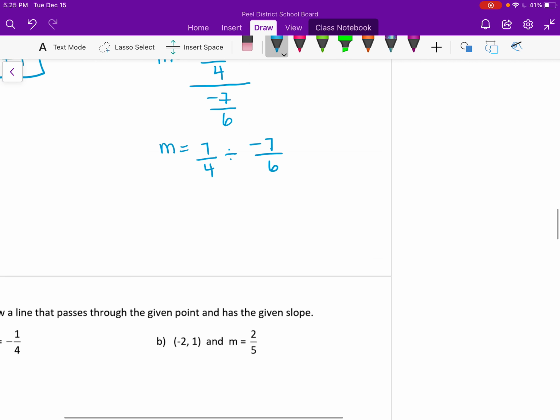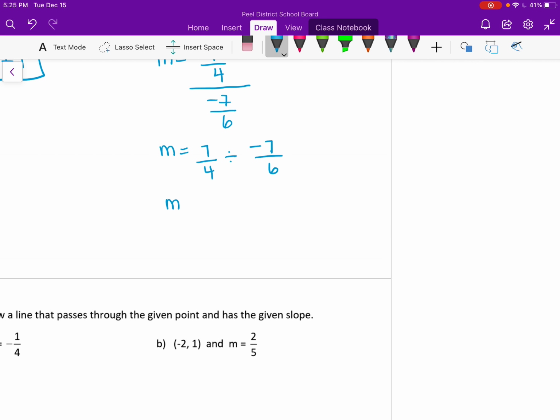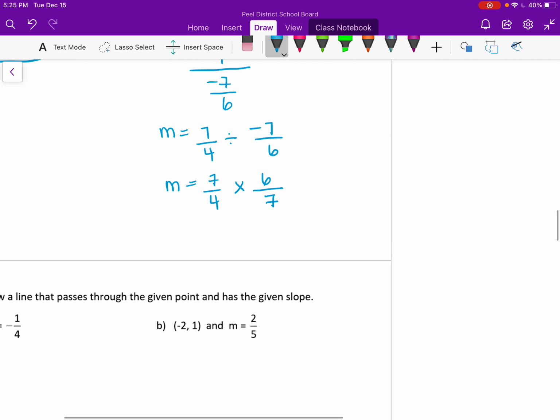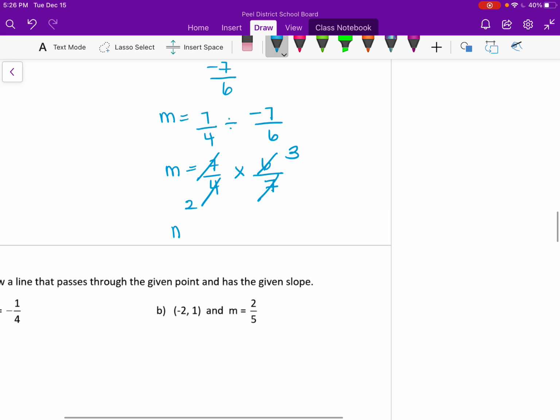And then I'm just going to divide my fraction. Keep, change the sign, flip the fraction. Right? I can just go in and cancel. I can go in and do 3 and 2. So I'm left with m is equal to 3 over 2.